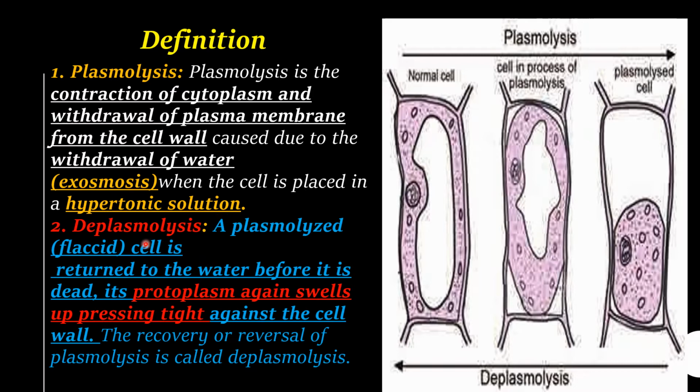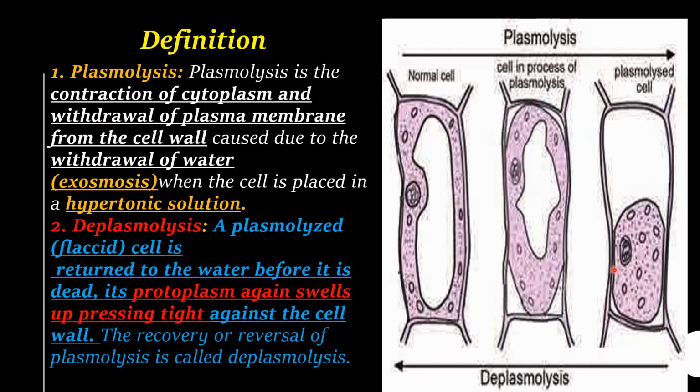Then what is deplasmolysis? Here you can see, this is just the opposite of plasmolysis. Deplasmolysis is the opposite of plasmolysis. A plasmolysed or flaccid cell is placed in hypotonic solution and it will take in water before it is dead.